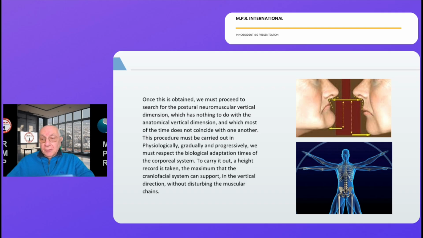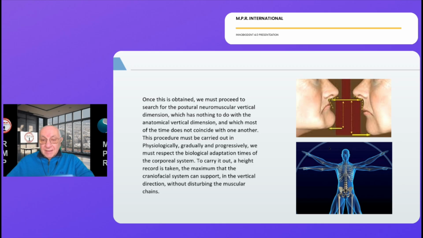The postural neuromuscular vertical dimension represents the functional vertical height that allows the craniofacial and postural system to coexist in balance without generating stress or imbalance in the muscle chains. This dimension is not fixed or universal.